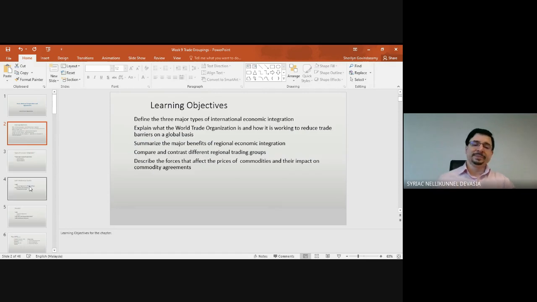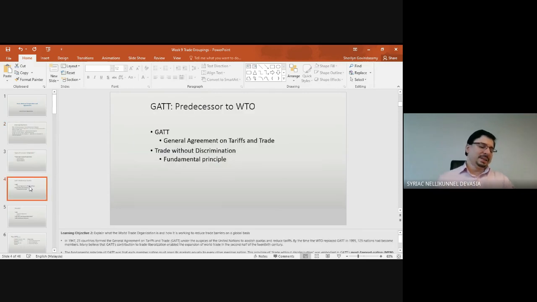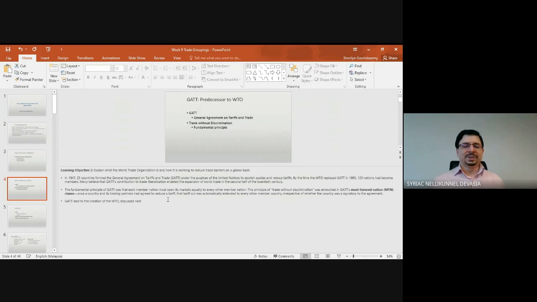Okay, so let's start with GATT, the General Agreement on Tariffs and Trade. The idea was what made GATT move to WTO. Obviously, GATT is a predecessor to WTO.